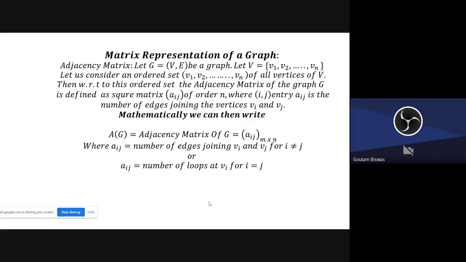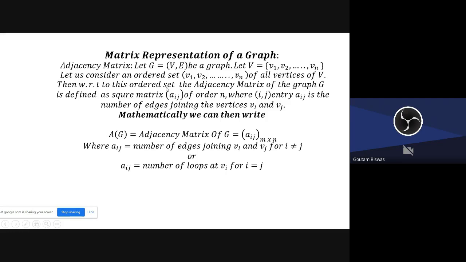Now, what I told you is that it is a matrix representation of a graph. This is very interesting. Adjacency matrix: let G be a graph with V, an ordered set of all vertices.